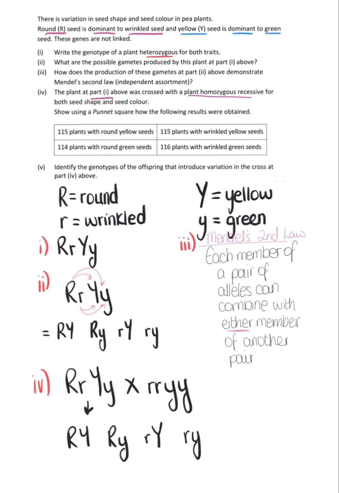The gametes that are formed from this homozygous recessive one are just small o and small y. If you were to do the cross-over method that I did in the previous video, the only outcome that you're going to get is small o and small y. So what's the point of writing it out four times? I'm just going to write it out once, small o, small y.